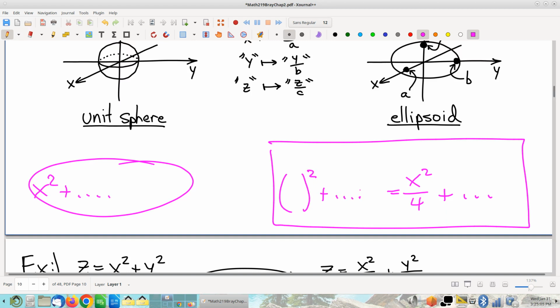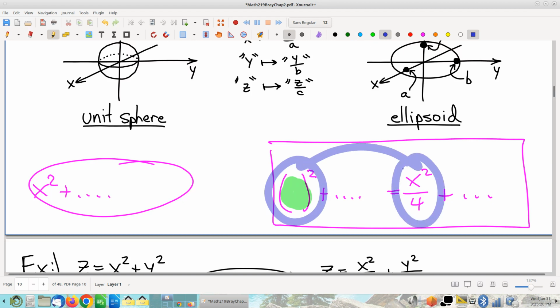And now let's ask, what would I have to put here to make this term equal to that term? And I think you can persuade yourself pretty quickly that that needs to be x over 2. So the thing that I replace x with is x over 2, not x over 4.